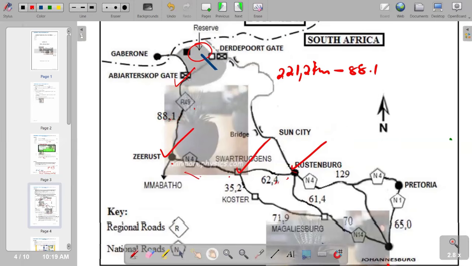And then also subtract the one for 62.4. So we calculate it like that and see what we get. So we are going to get 70.7 kilometers. So the distance that we have here is 70.7 kilometers. So that's what we have on that part.